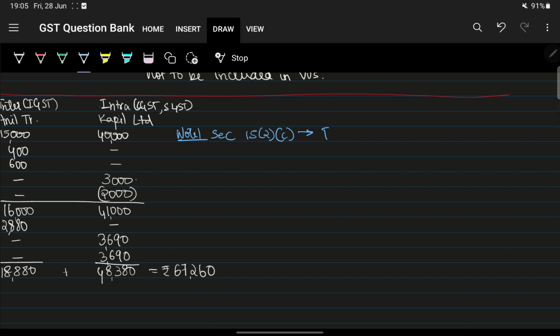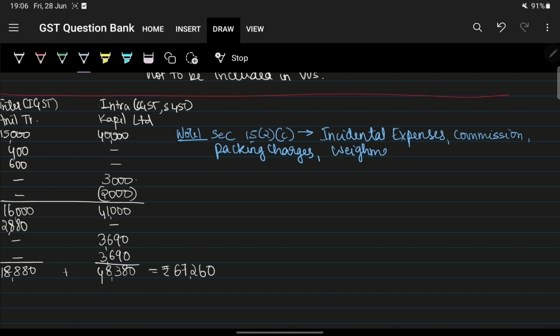This relates to any incidental expenses, commission and packing charges, and then weighment charges, before or at the time of supply.